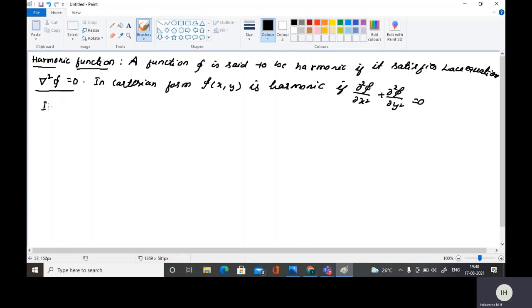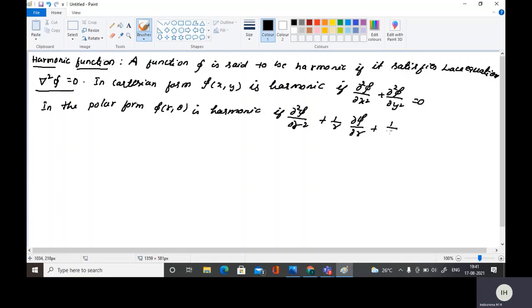In the polar form, phi of r comma theta is harmonic if dou square phi by dou r square plus 1 by r into dou phi by dou r plus 1 by r square, dou square phi by dou theta square equal to 0.